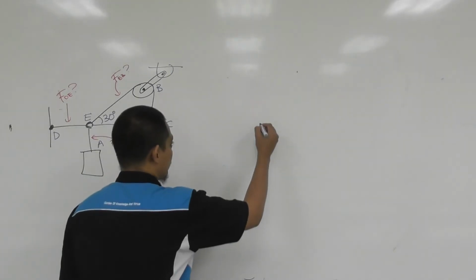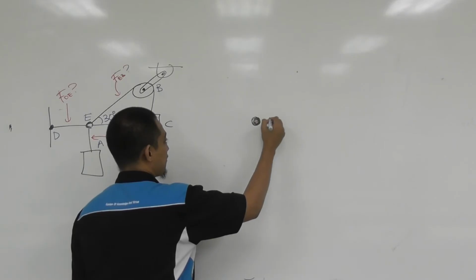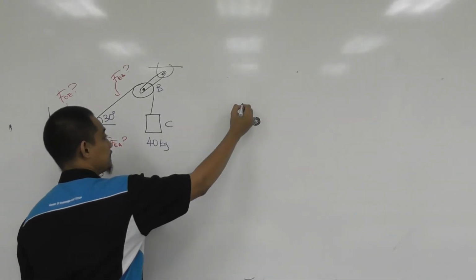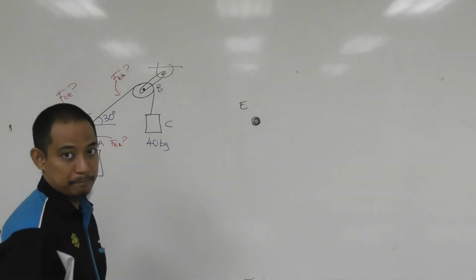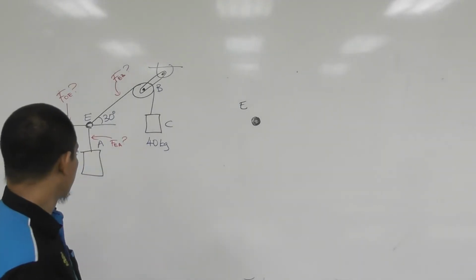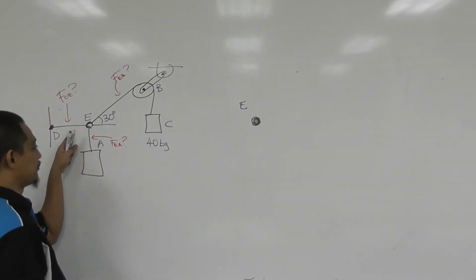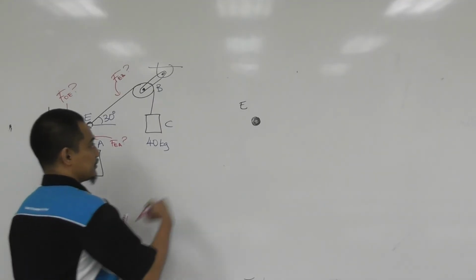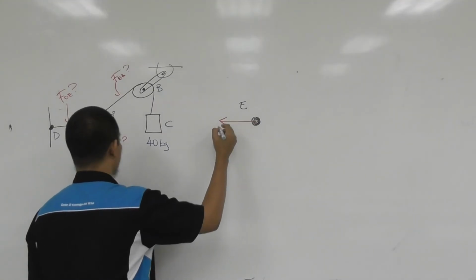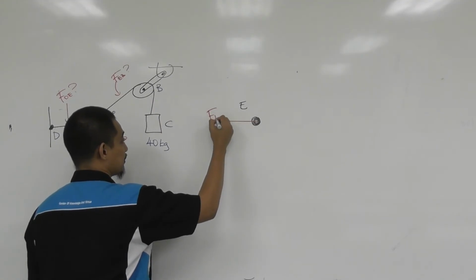So the body is point E, this point E here. Now, in terms of this cable, what we will draw is to the left, so we have FDE.